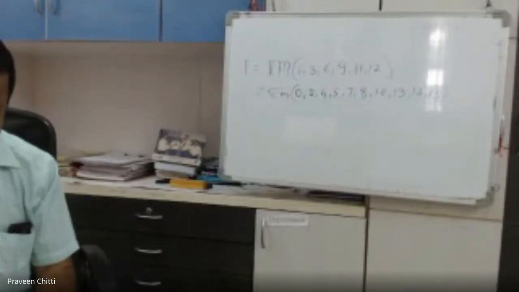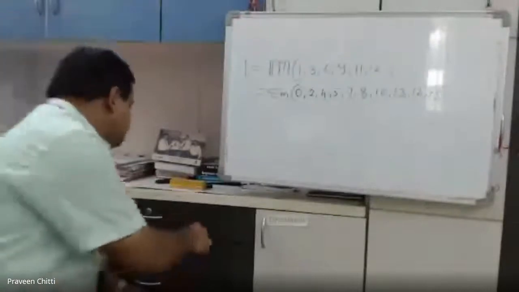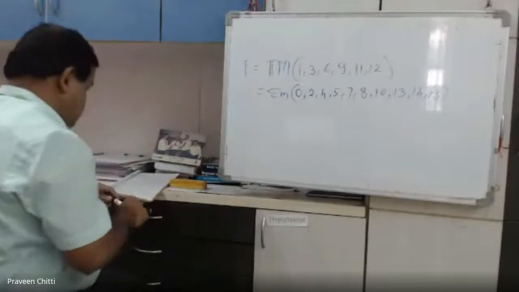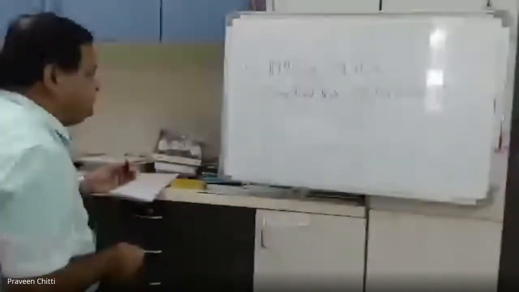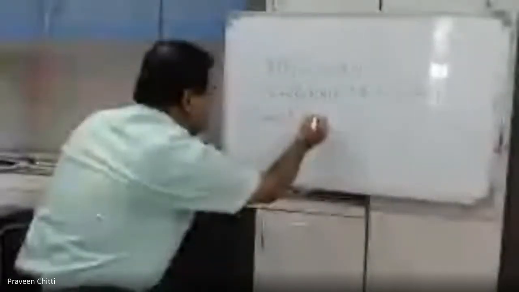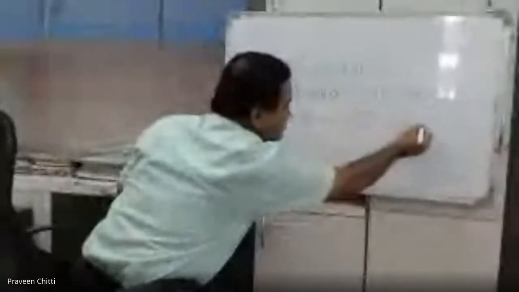You can take down this: F equal to sigma m 1, 3, 5, 4, 9, 10, 11 plus sigma d 6, 8.